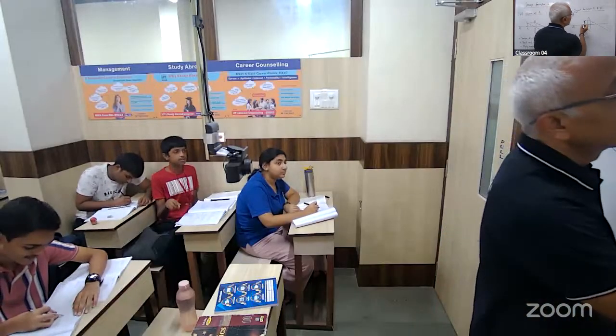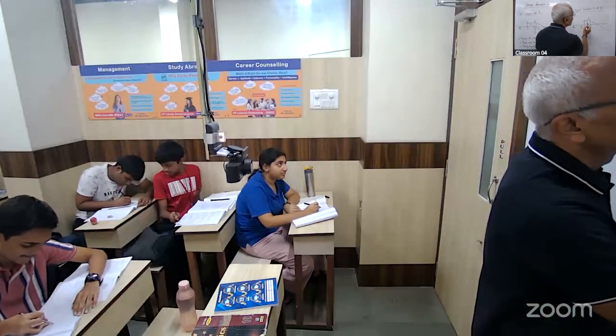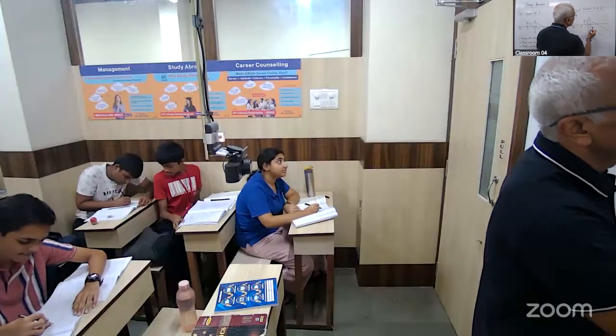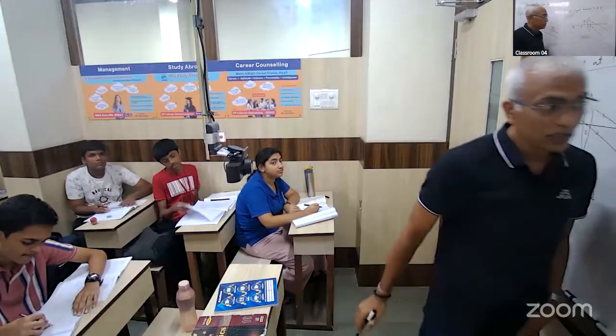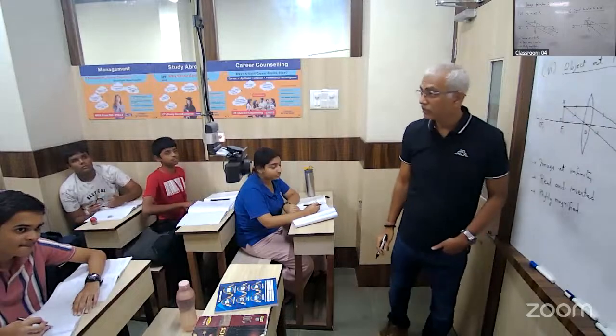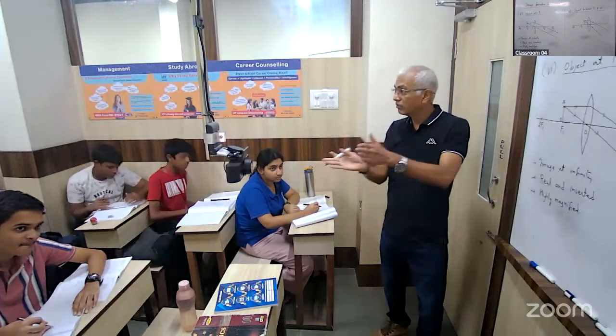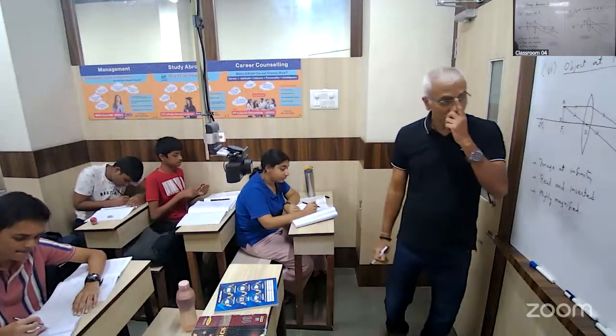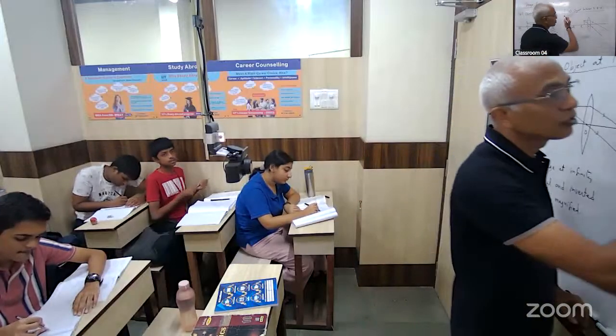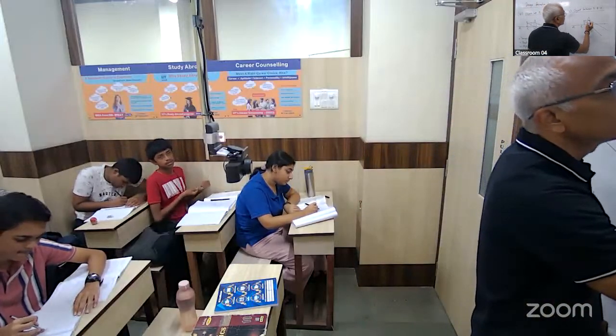Now look here. So this is for the first time we are seeing that the rays are diverging. So whenever the rays are diverging, you are supposed to extend them backwards.